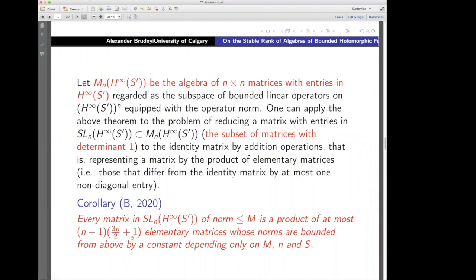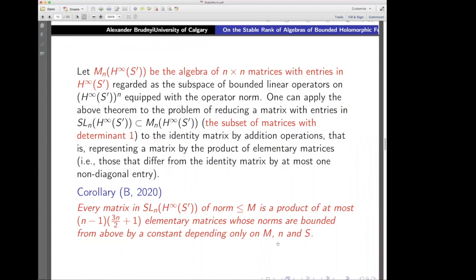I believe it was first proved by Vaserstein. Okay, so the novelty is just in these constants. So the product will be by matrices of bounded norms.